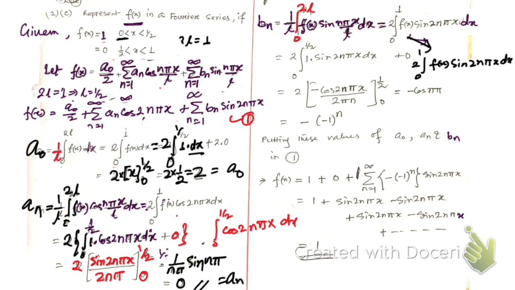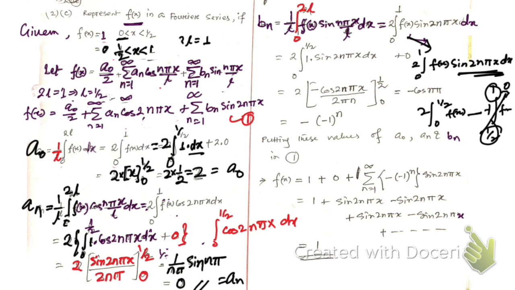Again you can split this as 2 into 0 to half f of x sine of this, plus integration from half to 1 of f of x sine of this, and this term is going to be 0. When you integrate from half to 1, that's going to be 0 because f of x is 0 when x is between half and 1, right?